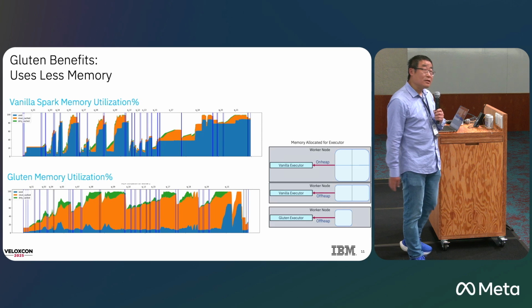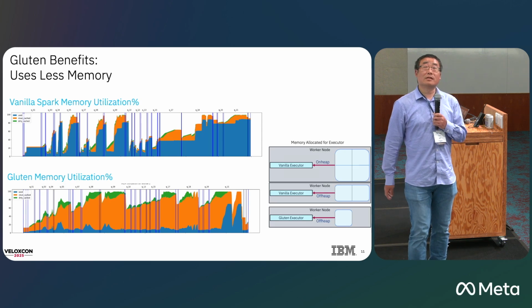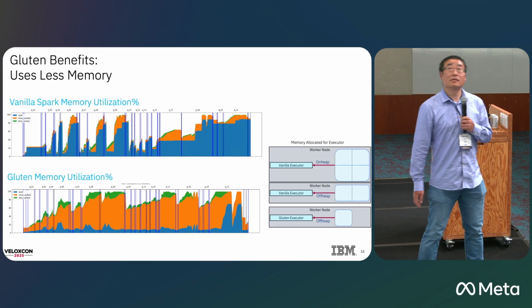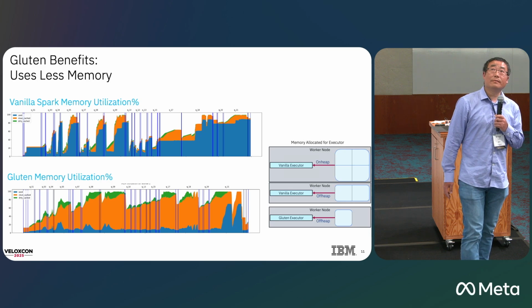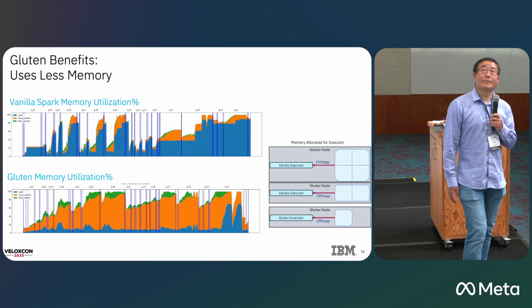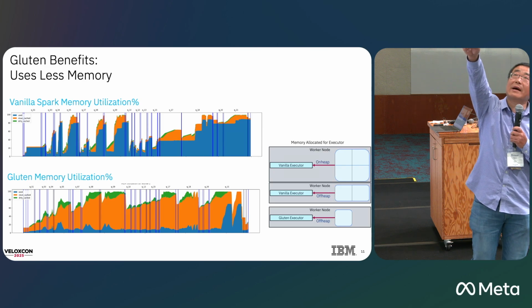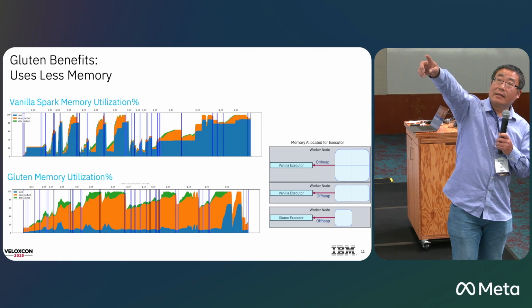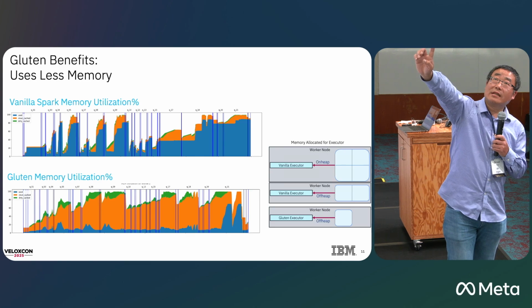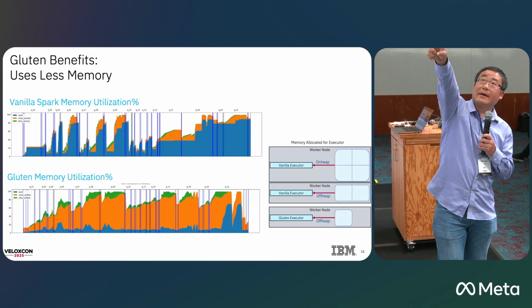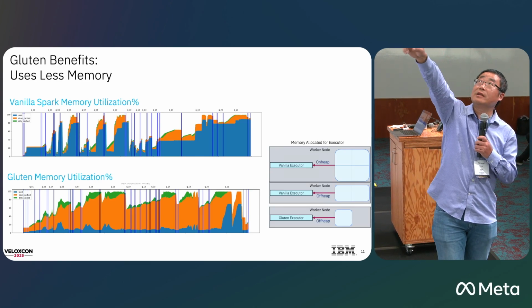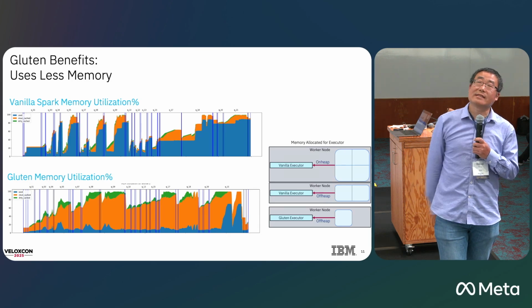And the Gluten benefit is not only performance. Actually, the more important benefit comes from memory utilization. From this chart, you can clearly see that when we run vanilla Spark and Gluten, the used memory in vanilla Spark is almost 80%, and it has already triggered a spill in this test.